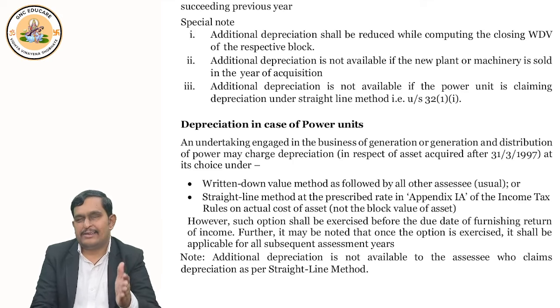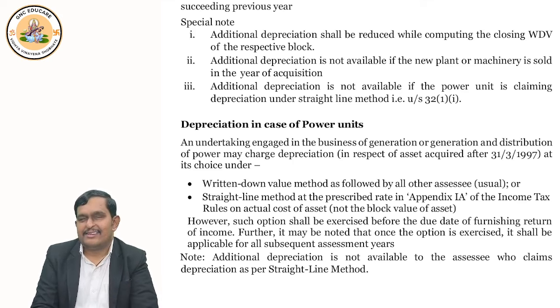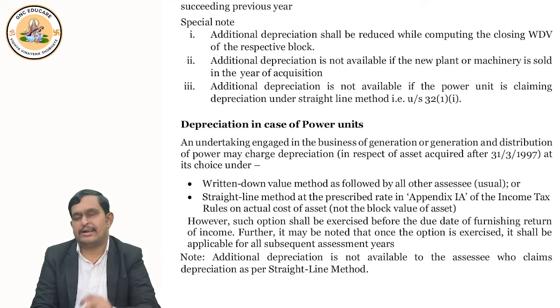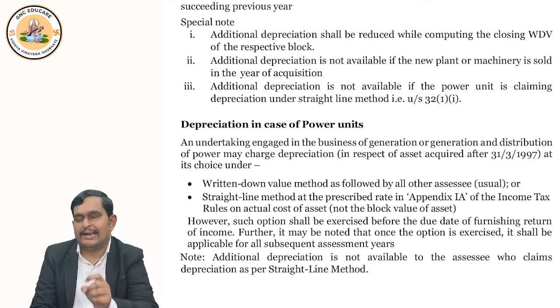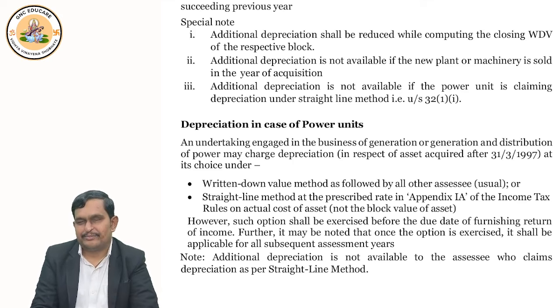If they want additional depreciation, they should ignore the straight line method and adopt WDV. So they have the option to choose between the two. If they adopt WDV, they can claim normal and additional both. If they opt for straight line, they can claim normal depreciation but no additional depreciation.